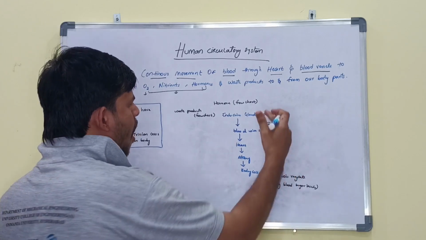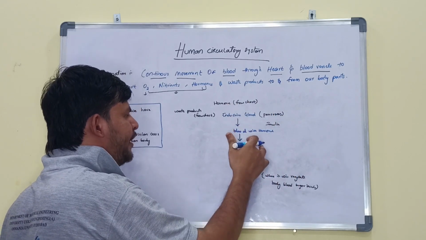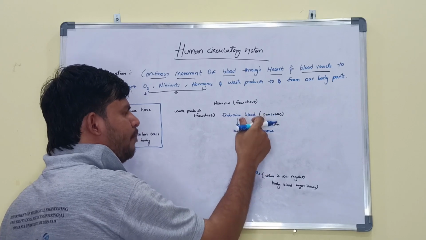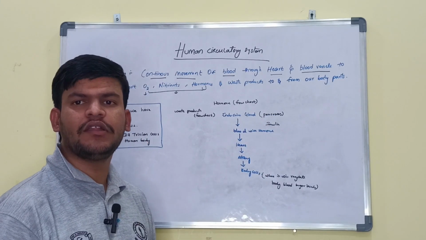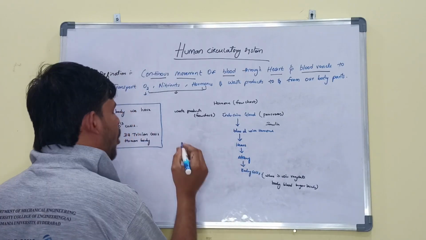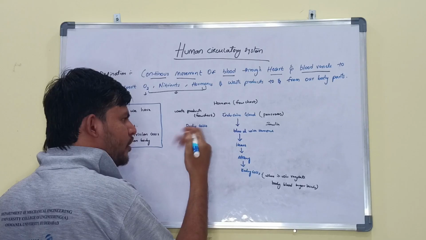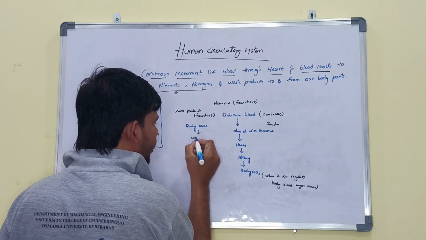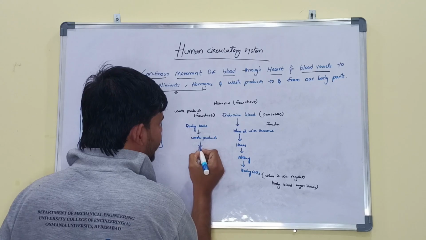As you know, all the substances are being transported with the help of blood to body cells. Then the waste products are collected from body cells. These body cells will transfer the waste products into blood.